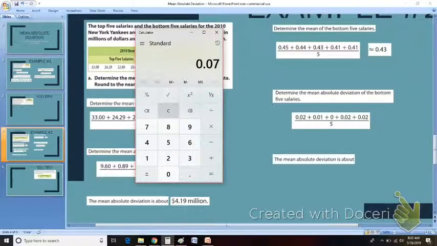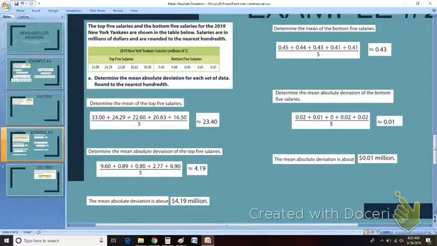Okay, we get 0.07. We're going to divide by 5 because that's how many numbers are in our set. We get 0.014, again rounding to the hundredth, so we get 0.01. Okay, and what that means about that data set is that the mean absolute deviation for the bottom 5 salaries is 1/100th of $1,000,000.